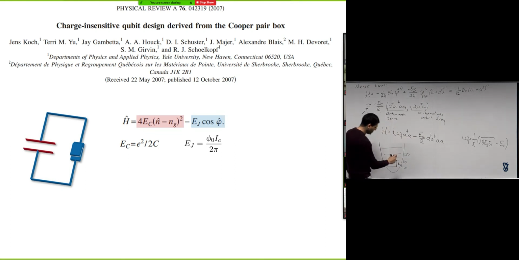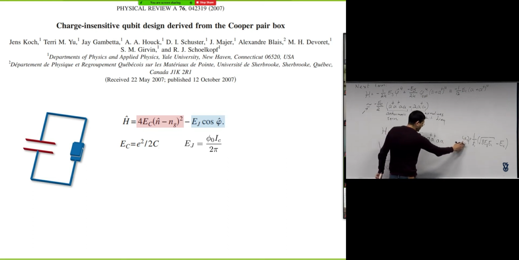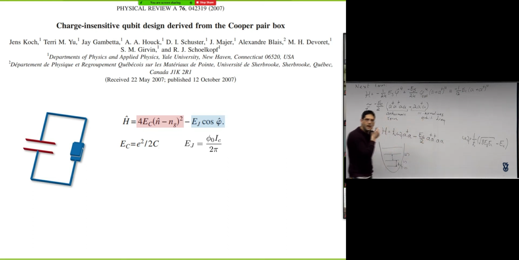The difference between this energy and this energy is just going to be h bar omega q minus EC, so omega q minus EC over h bar. This EC is called the anharmonicity. So every time you go up another level, the energy difference becomes smaller and smaller. And now you have distinct energy levels.